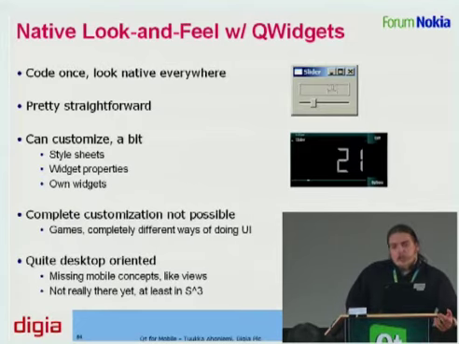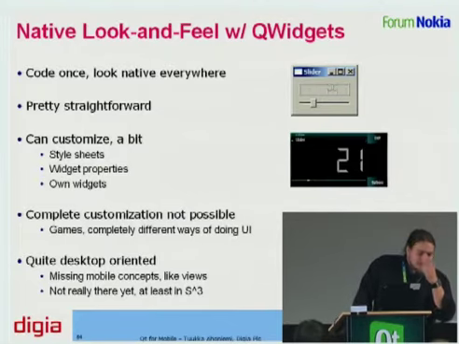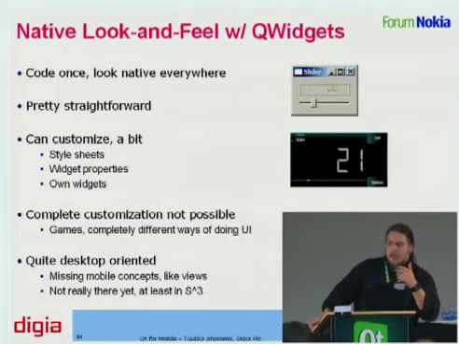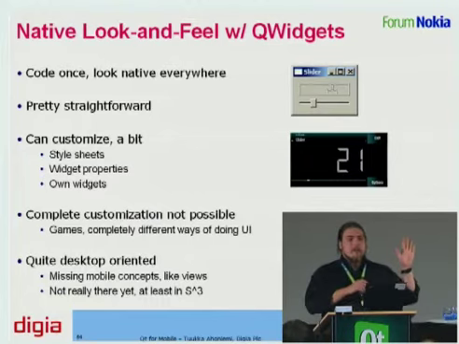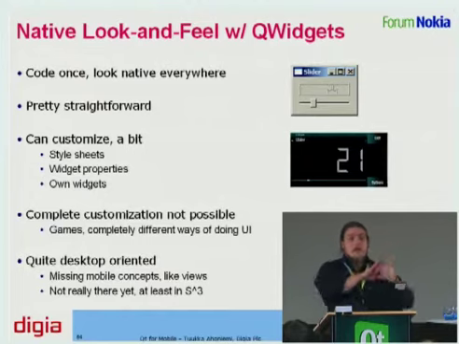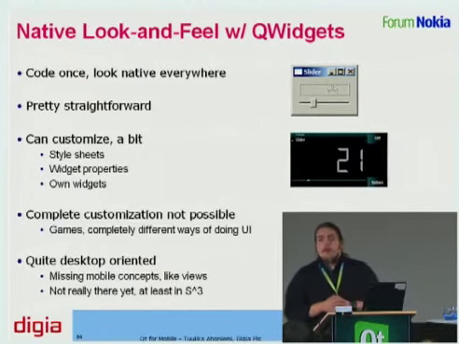The QWidget also has a set of widget properties you can use. It's quite an extensive list. For instance, you can make the background of the QWidget translucent, which means that it's showing the other applications underneath the main window. These sorts of things you can modify from the widget properties.